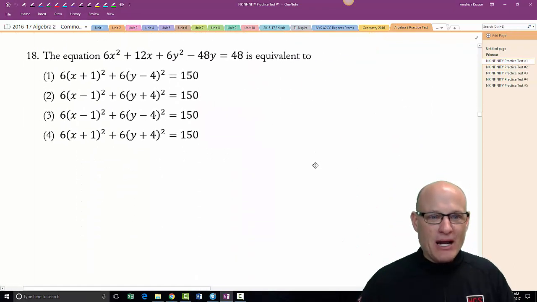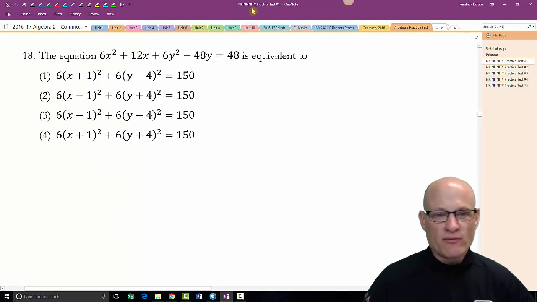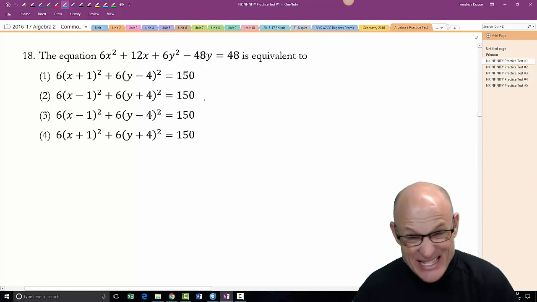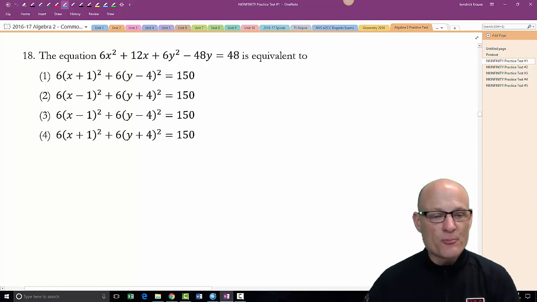The equation blah, blah, blah is equivalent to, holy crap. Are they crazy? All right, wow. I could double distribute all this out and figure out what's going on. Or I could take this thing, and I'm going to take a 6 out of all this. Notice I can take a 6 out.